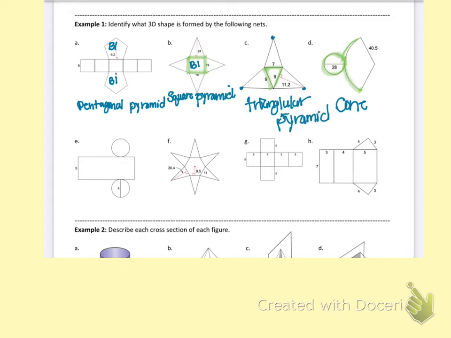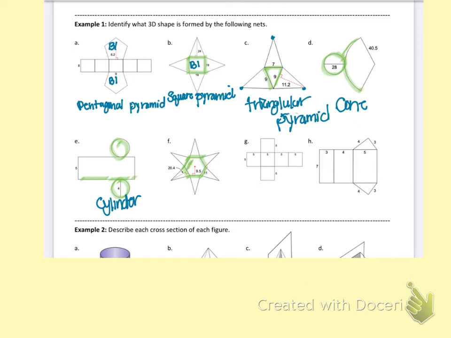Okay, so looking at the next example, we have the two circle bases. So here's base 1, here's base 2, and then this is the piece right here that's just going to wrap right around and enclose that figure. So again, this is a net for a cylinder. On this one, I see those triangular faces that are basically this pyramid folded down, right?